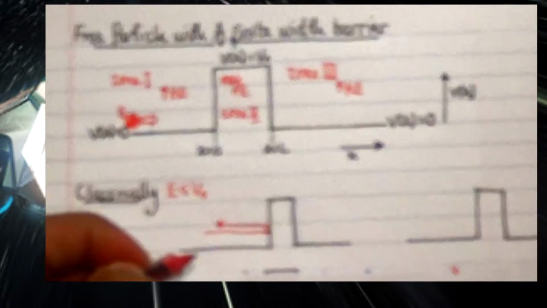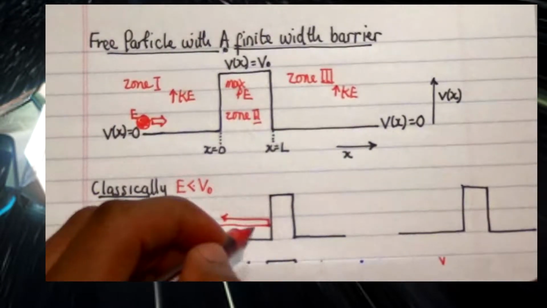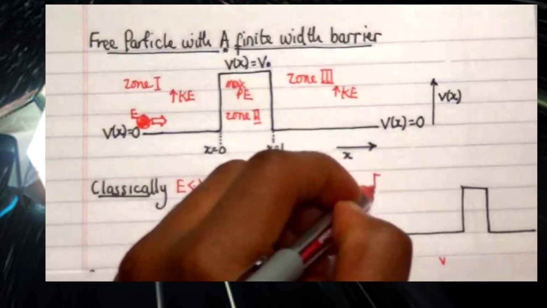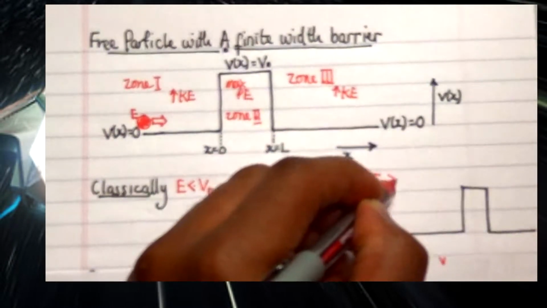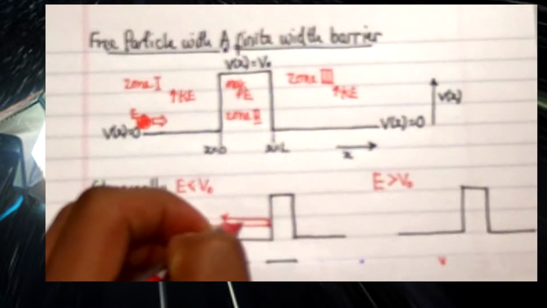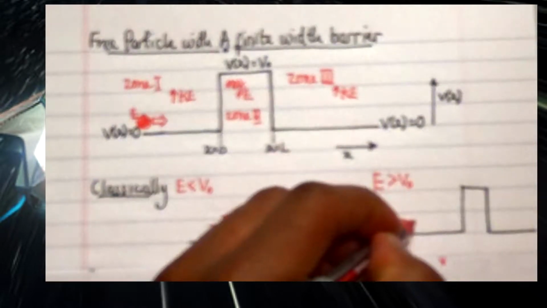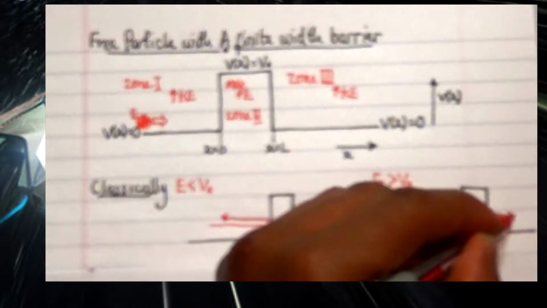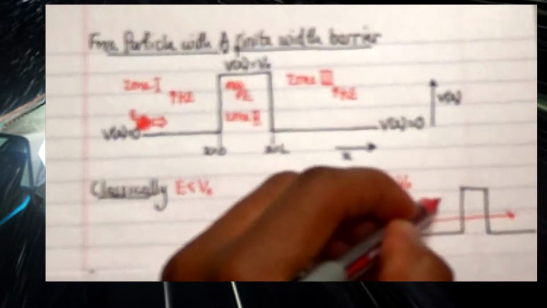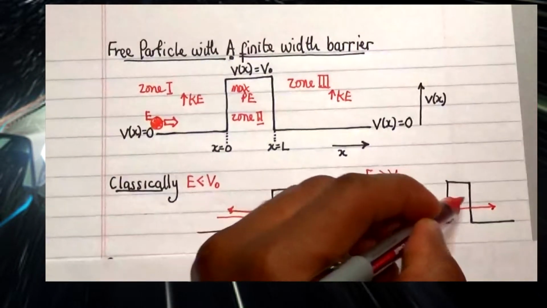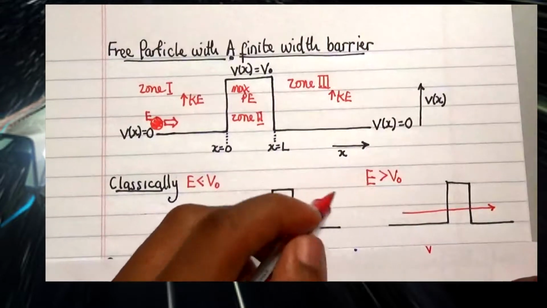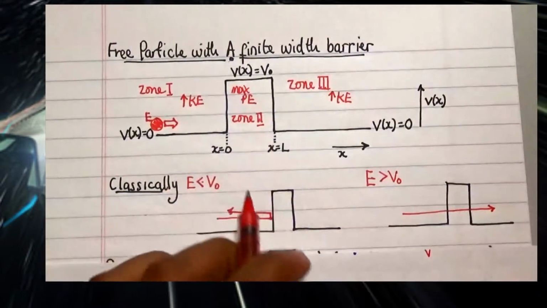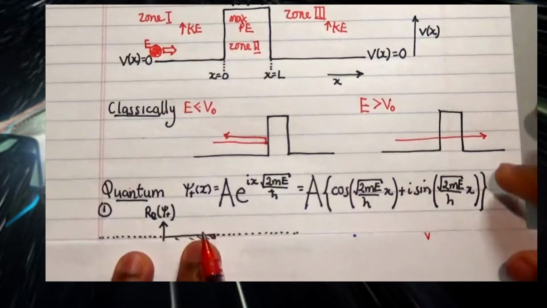However, the other case is when the energy of our particle is greater than the potential energy. We realize that all our particles will pass through our barrier from zone 1 to zone 3 in here.